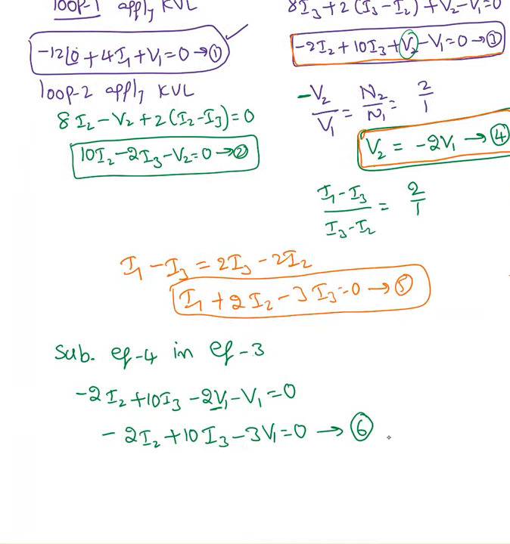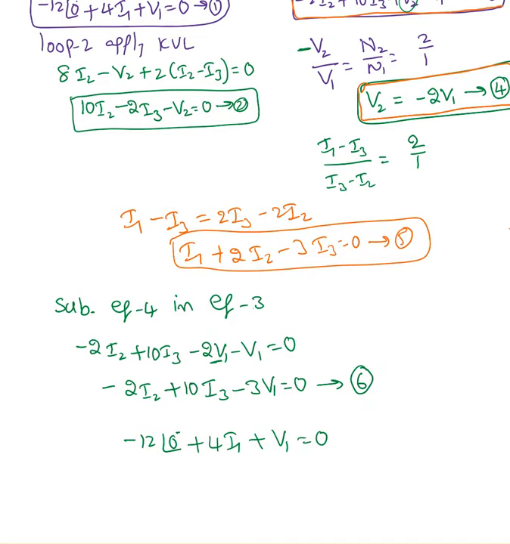Now I'm going to play with equation 6 and equation 1 to eliminate V1. In equation 1, I have 12 at an angle of 0 plus 4I1 plus V1 equal to 0. What I'm going to do is multiply equation 1 by 3.